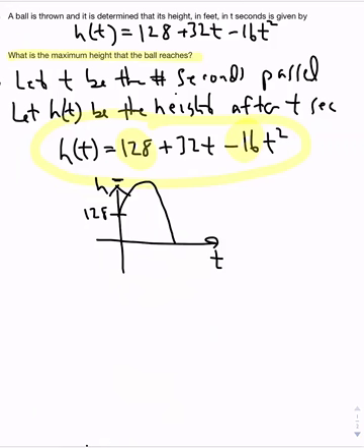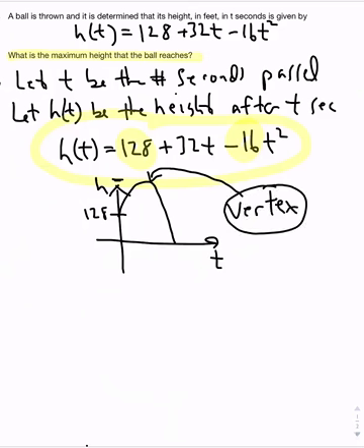But also, what do we call that highest point? We actually call it the vertex. So if I find the coordinates of the vertex, the second coordinate, the h coordinate, is actually the maximum height attained by the ball. So that's how I'm going to solve it.